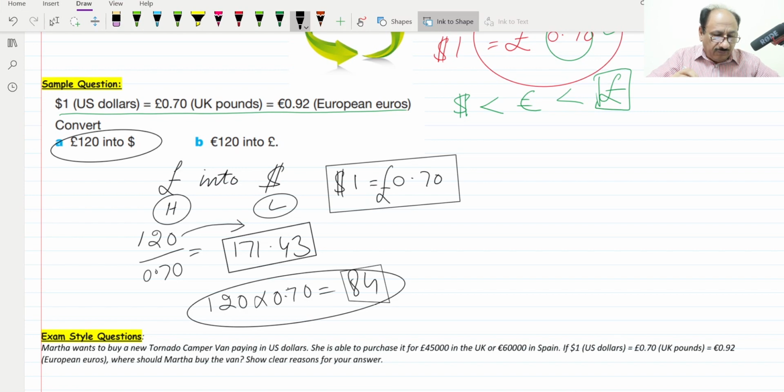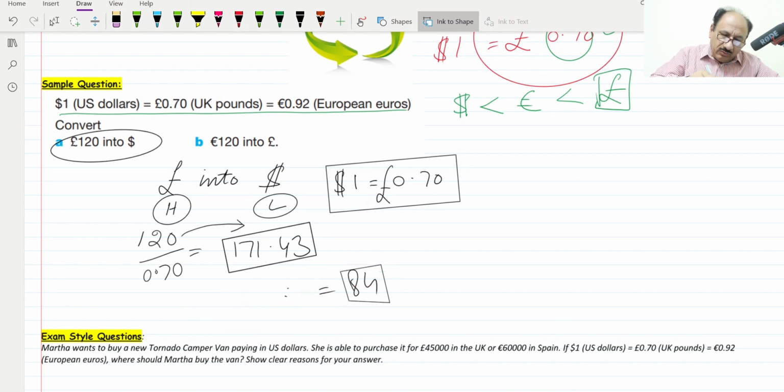If we convert pound to dollars, we should get more amount, but in this case we are getting a lesser amount, so we will be rejecting this. So if you are not sure, you can do a logic check also on the basis of this.